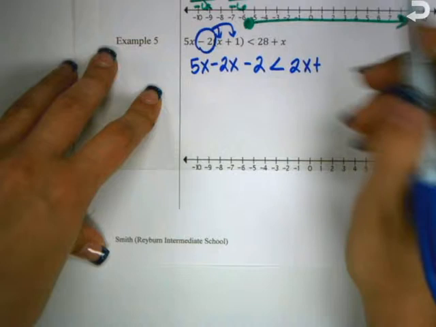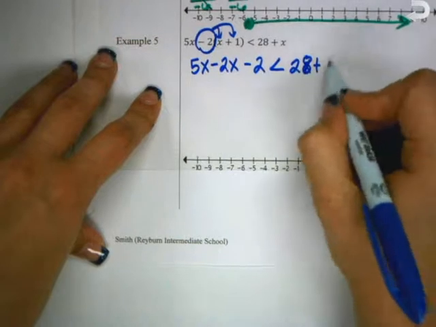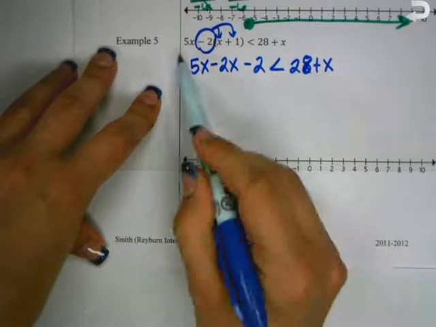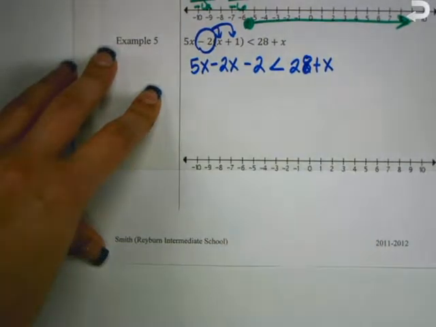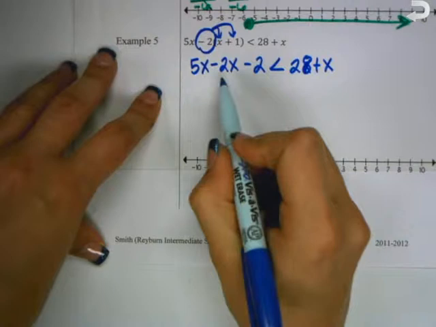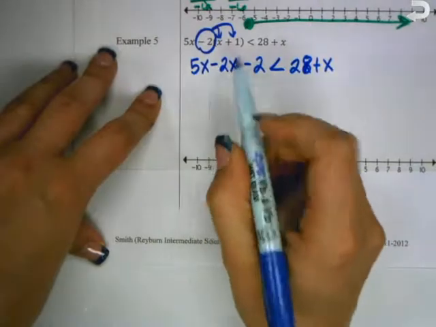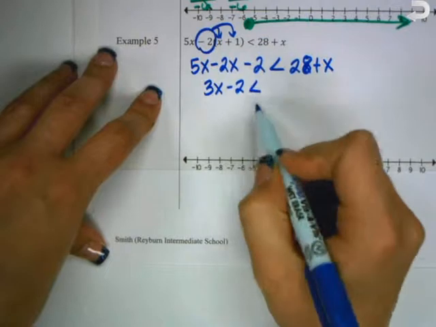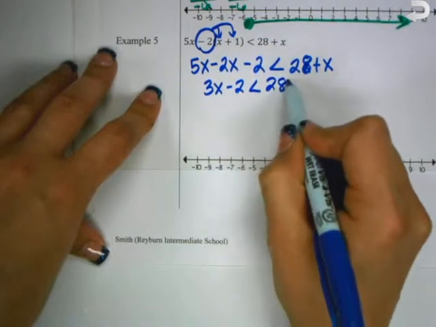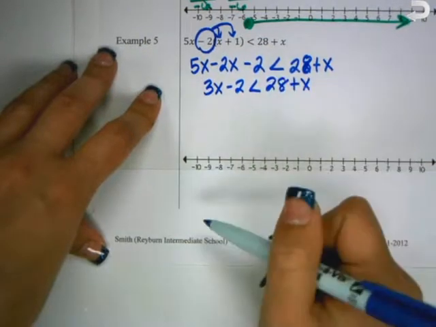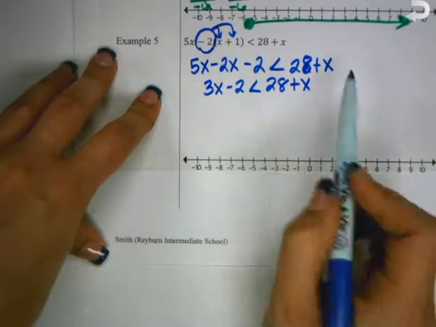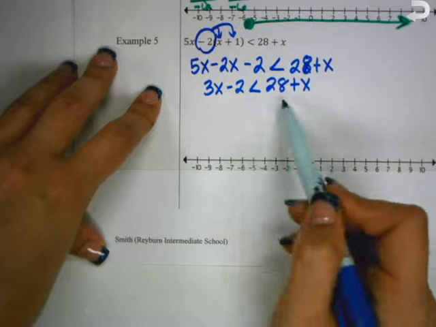No. So I need to combine those like terms. 5x minus 2x. 3x minus 2 less than 28 plus x. Okay. So my left-hand side is simplified, my right-hand side is simplified. I want to get all of my x's on the left-hand side. So what am I going to do? I need to move this x over here by subtracting it from both sides.